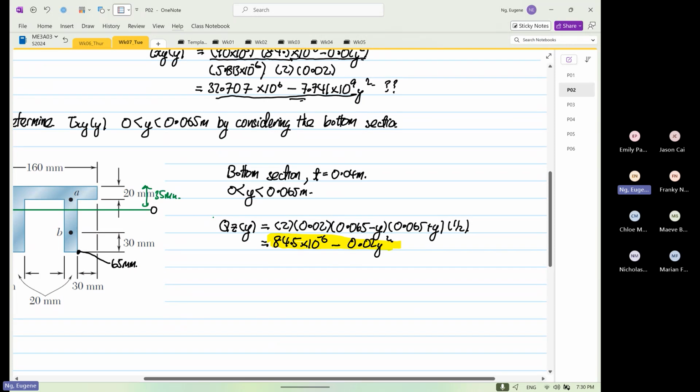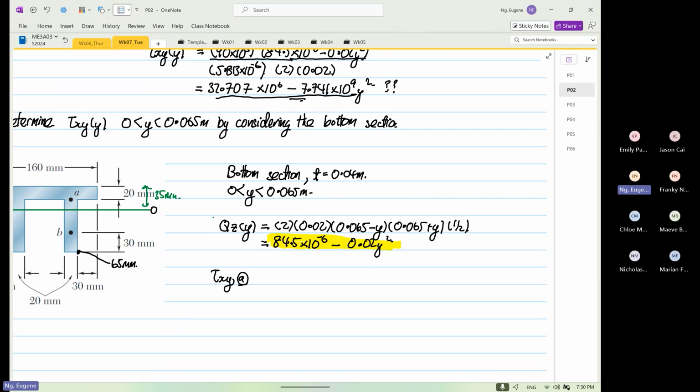Okay. So now how to use these equations? Let's say now we're going to find the shear stress at point A. The equation that we are going to use, y is equal to what? Y is equal to 0.055 meters.